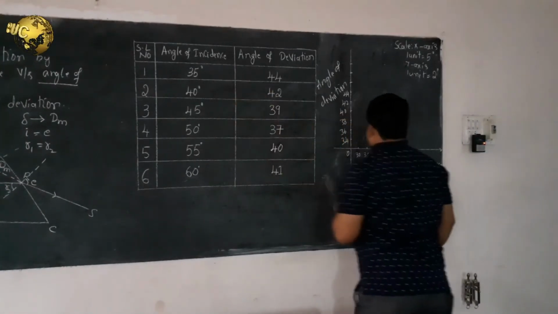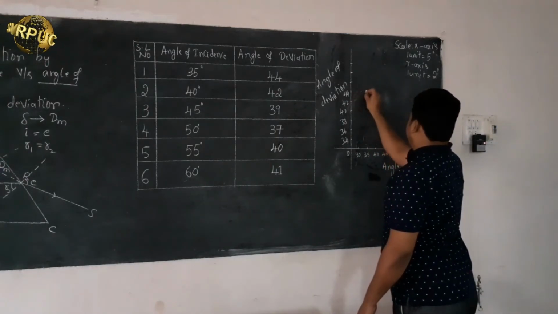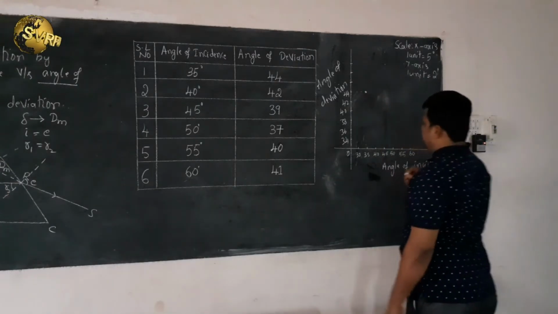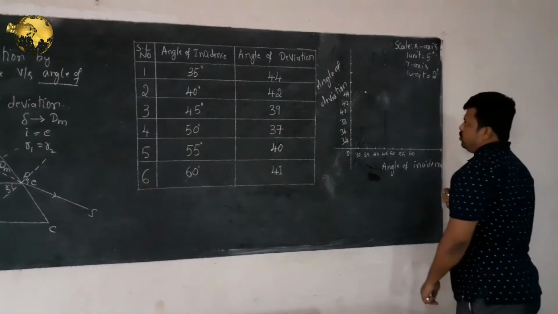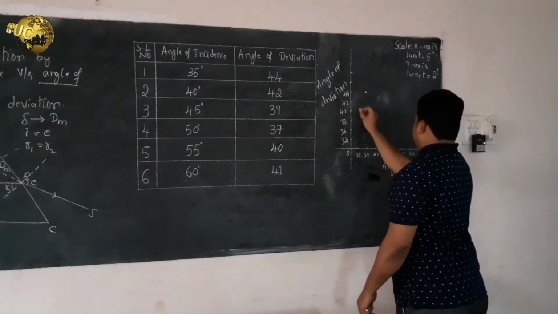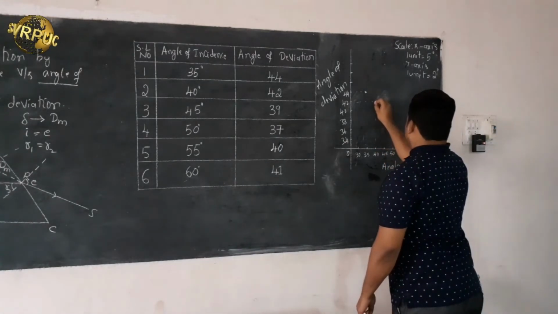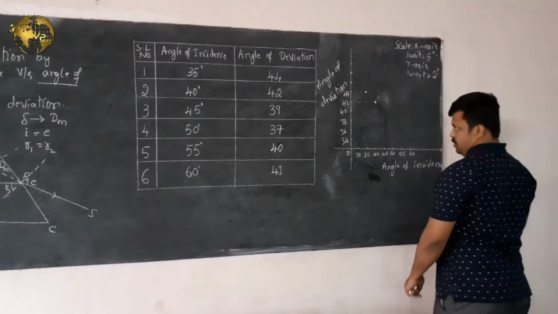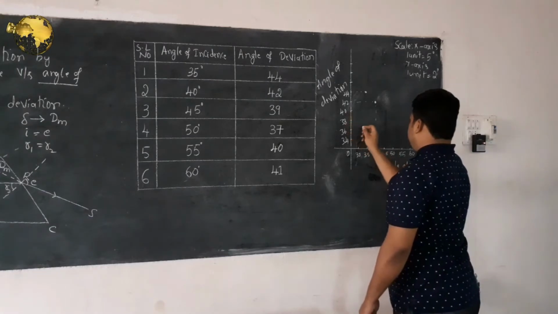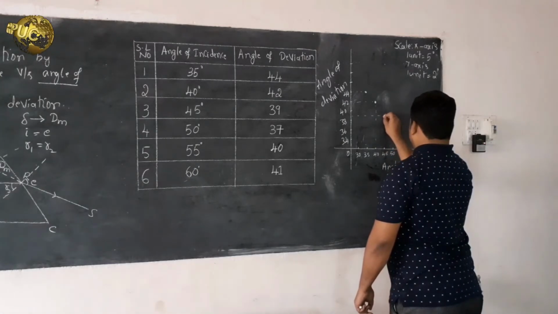For 35 degree of angle of incidence, the value is 44. So here is the first point: for 35 degree of angle of incidence we get 44 as the angle of deviation. For 40 degree it is 42. Then for 45 degree it's 39, halfway between 40 and 38. So here.